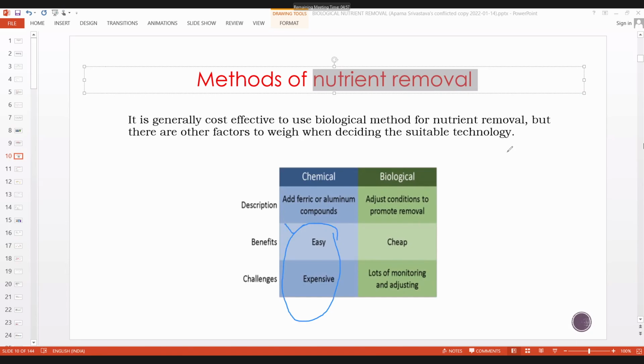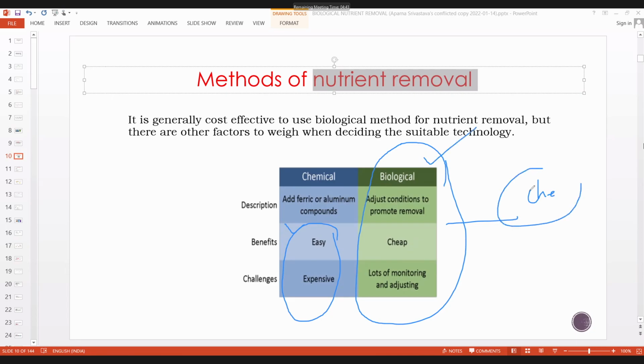But nowadays what we are doing is hybrid methods. So in hybrid method, first we treat the water with a biological method, followed by chemical. So if any time this system does not work, chemically we are going to treat, and the dose of chemical is going to reduce, because it is pre-treated with the biological system, which reduces expense.